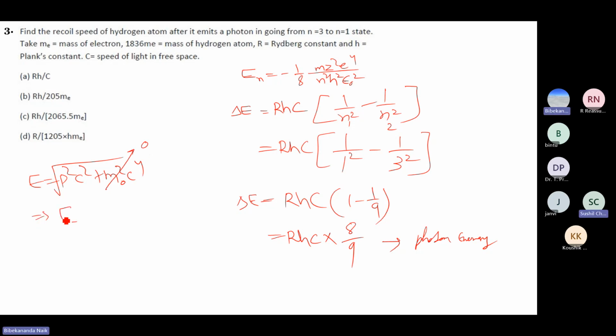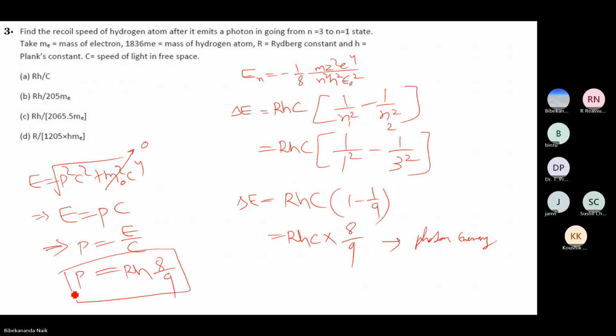Then E will be p into c, where c is the velocity of the photon, that is the speed of light in free space. So the momentum of the photon will be E by c. Here there is a c, so this c will be cancelled out. So momentum will be Rh into 8 by 9. So this will be the momentum of the emitted photon.